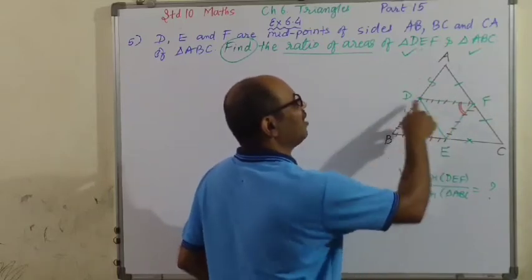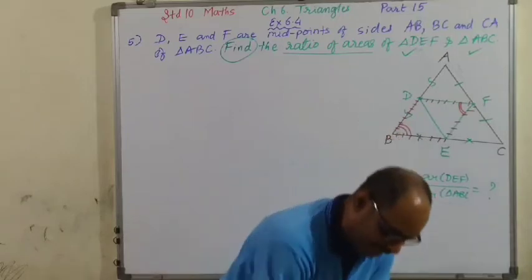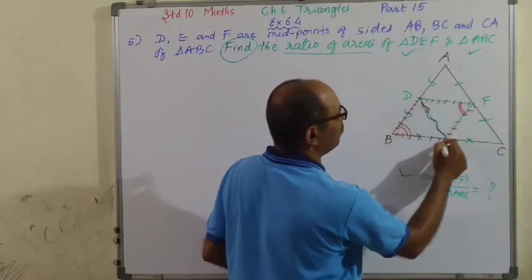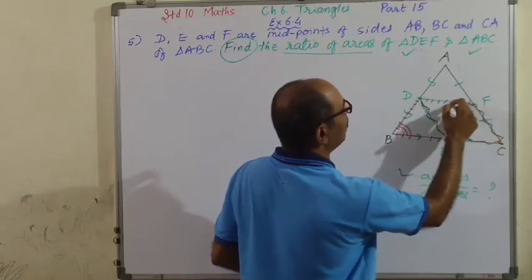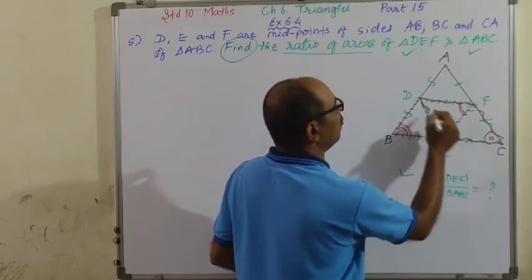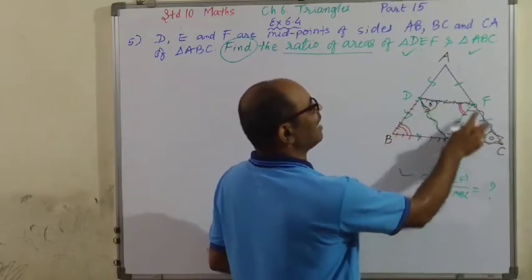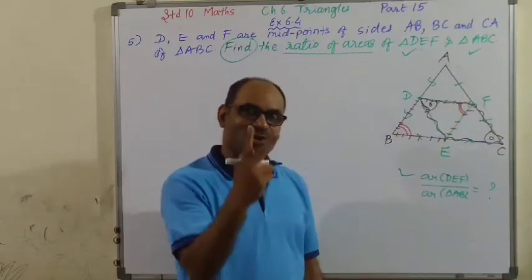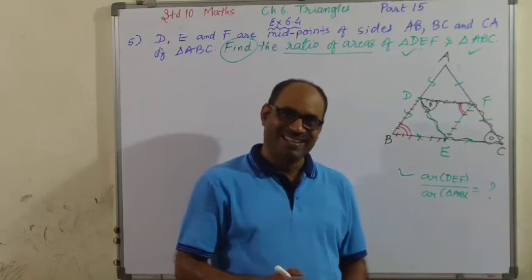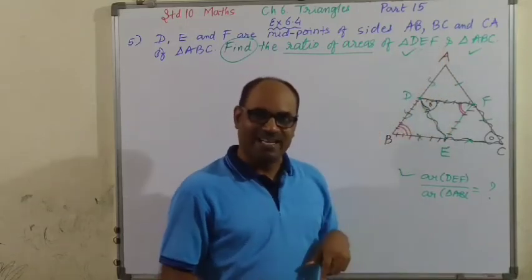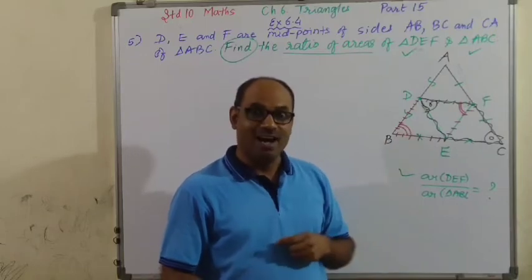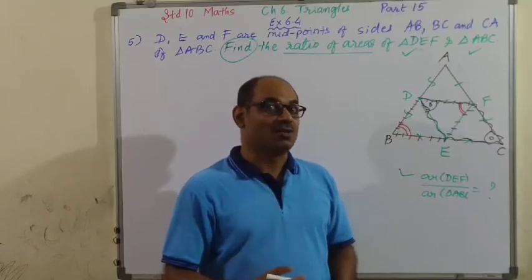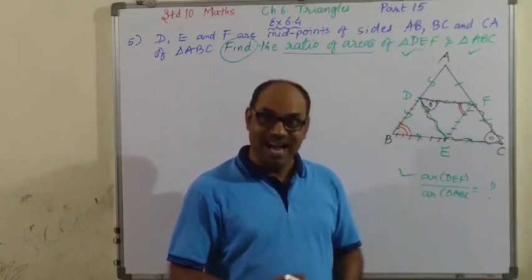So black triangle and green triangle have one pair of corresponding angles equal. In the same way, if you take this parallelogram, this angle would be equal to this angle. So black angle ACB is equal to green angle DEF. So two corresponding pairs of angles are congruent. So green triangle is similar to black triangle. So you can take the result, Theorem 6.6: ratio of areas is equal to square of ratio of corresponding sides.